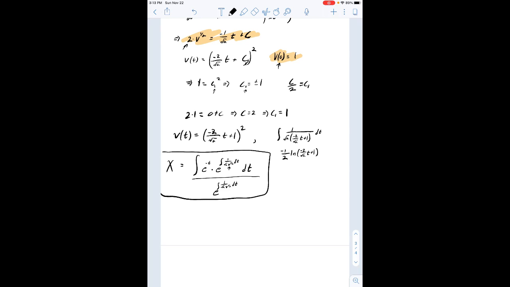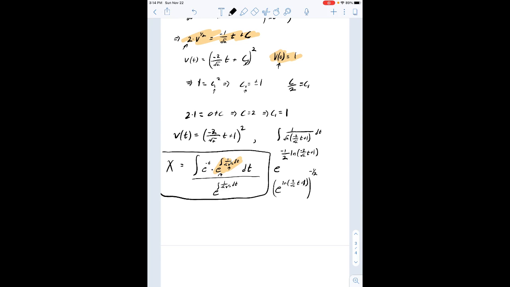Awesome. So then this is actually our exponential, right? We have to exponentiate all this for this term right here. So that is just going to be equal to e to the natural log of 2 root a t plus 1, and then all of this to the negative 1/2 power.